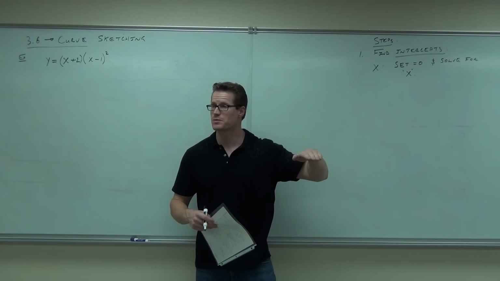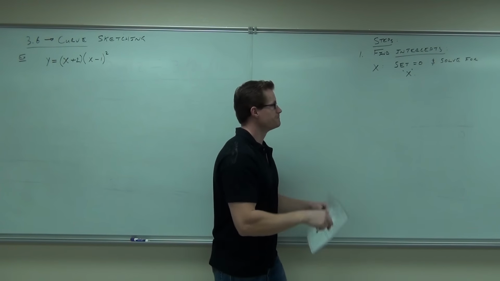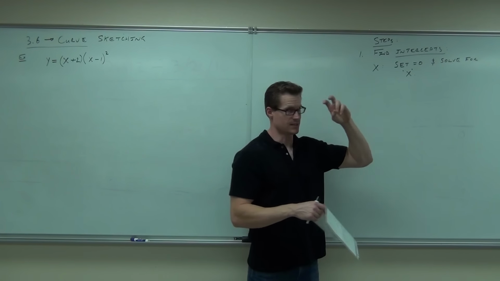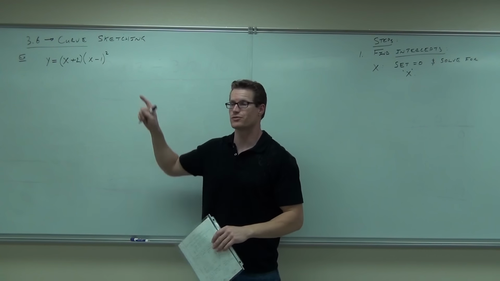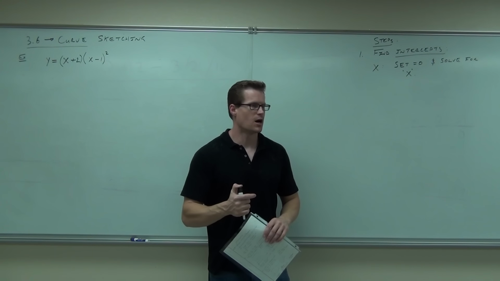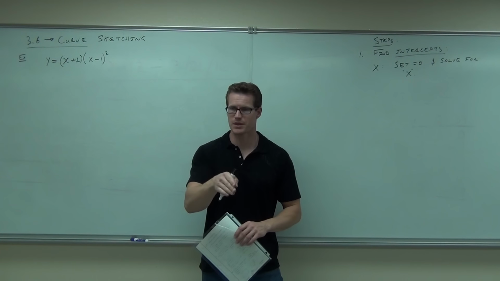Now, the y-intercept is quite a bit easier. By the way, you only do this step if it's easy. Easy means it's quadratic or lower, or it's already factored for you. So cubics, don't spend your time factoring them. If I give that to you on a test, I'll just give you the x-intercepts. I'll say, here are your 3 x-intercepts.